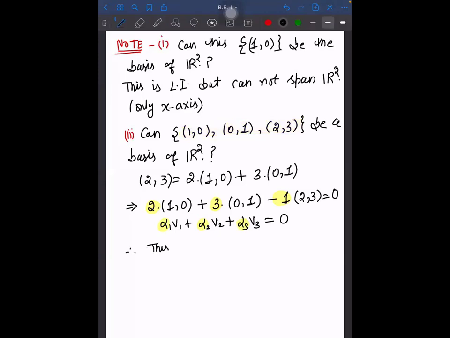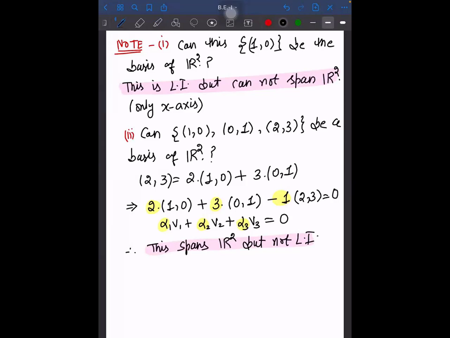This spans R2, but is not LI, right? So these are two different things. Earlier, the first set was LI but could not span R2. And in this example, this spans R2 but is not LI, right? So what does that mean?